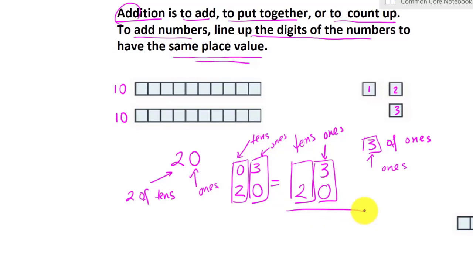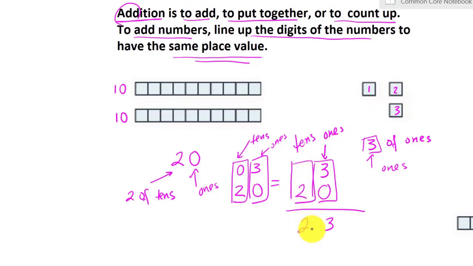So let's add it together. Let's count up. In this case, we have 3. And do we have any more over here? So therefore, what is 3 plus 0? 3 plus 0 gives us 3. Then over here, in the tens place, do we have any values? No, there's nothing there because there are no tens in this sample. So what is 0 plus 2?